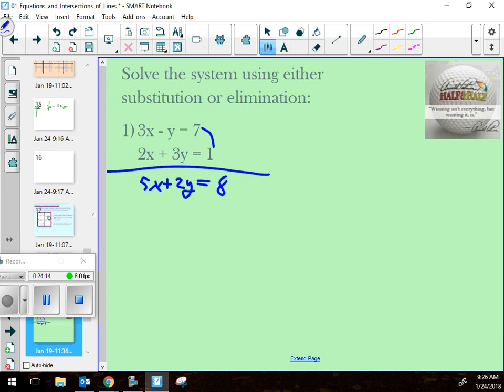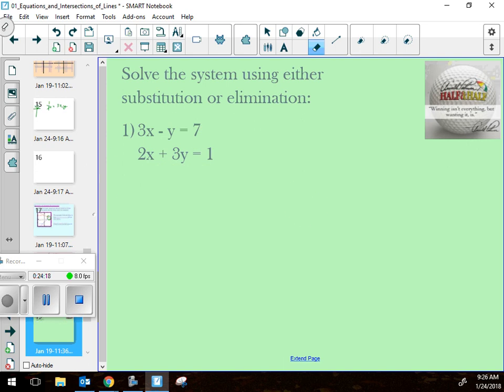Who remembers how to do this? I had to do something first before I add them straight down. Yes? Why are you multiplying everything by 3? Perfect. You see how those will cancel each other when I add it straight down now? All right.